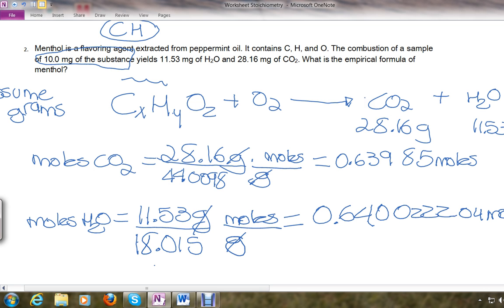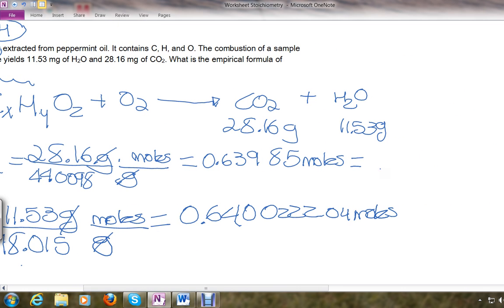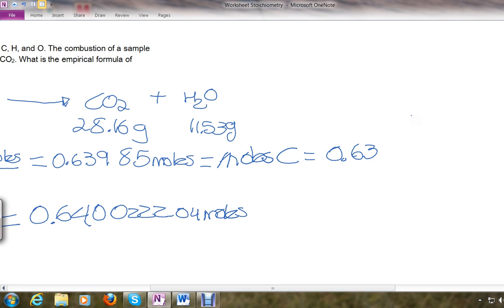Now, if you want to determine the moles of carbon and hydrogen you have here, you know that for each mole of CO2 you have 1 mole of carbon. So the moles of carbon is equal to 0.63985 moles. Now, the hydrogen, as we have 2 hydrogens in 1 molecule of water, the number of moles of hydrogen would be double.